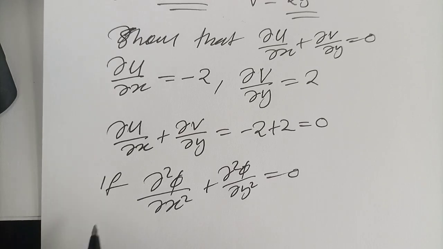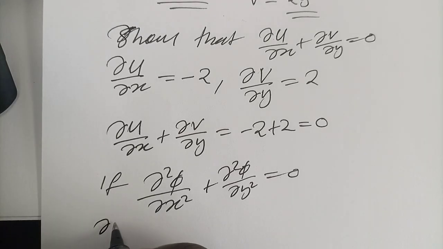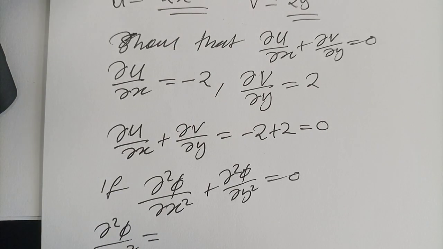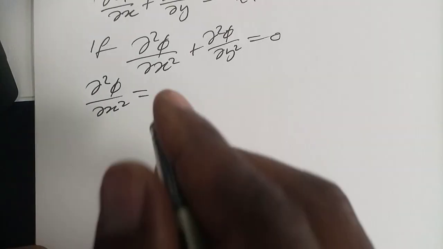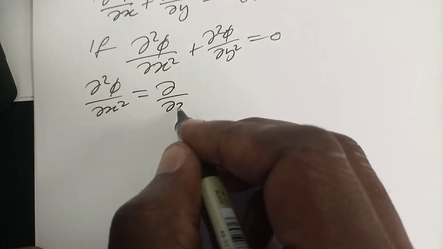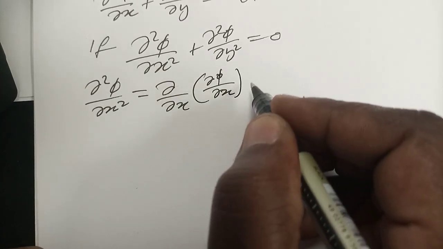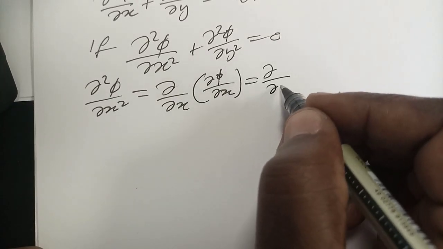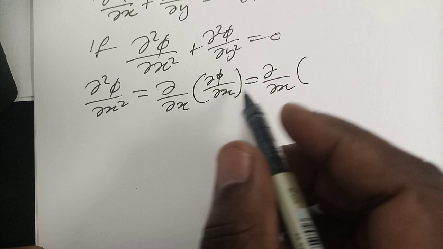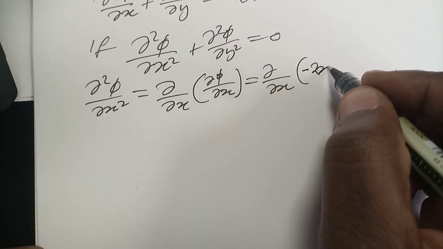Let us find the second derivative of this. We already have this as negative 2x.